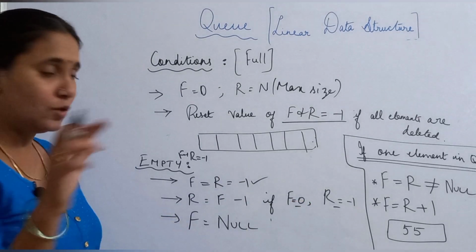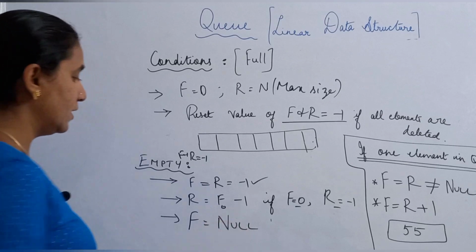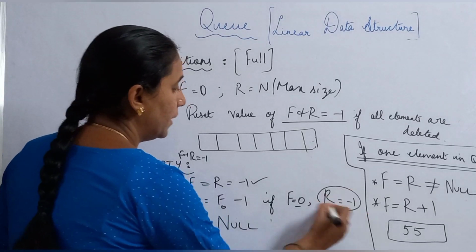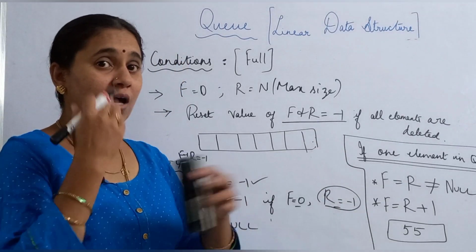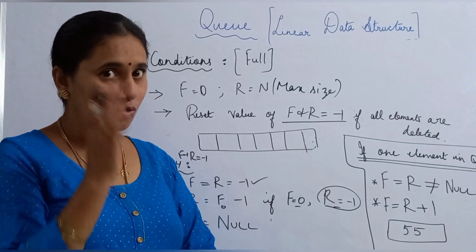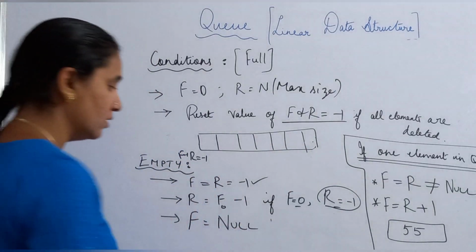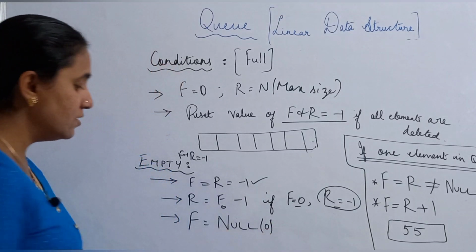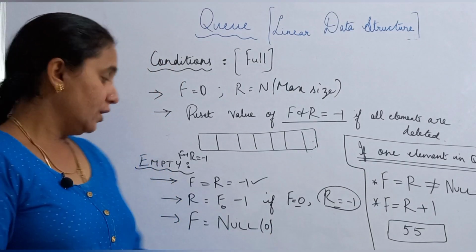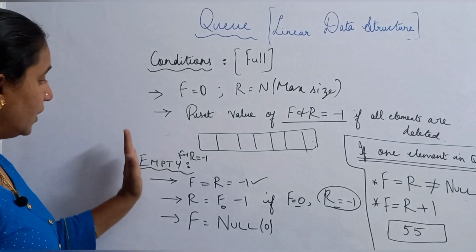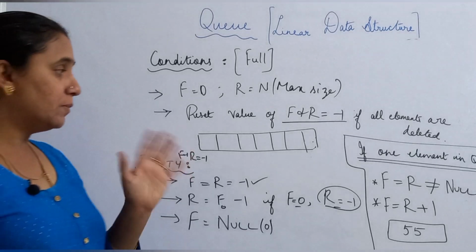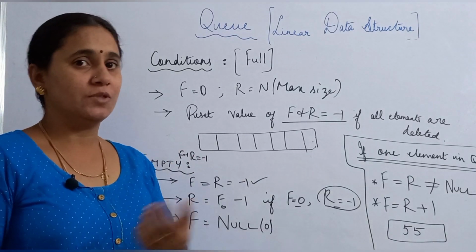F value is 0. You substitute this, you will get r is equal to -1. So they are twisting and asking you. Don't get confused. Now f is equal to null. What is null? It is nothing but 0. So like this, these are the 3 conditions. You should keep them in mind if they ask you in the examination.